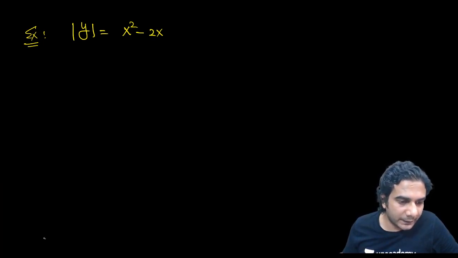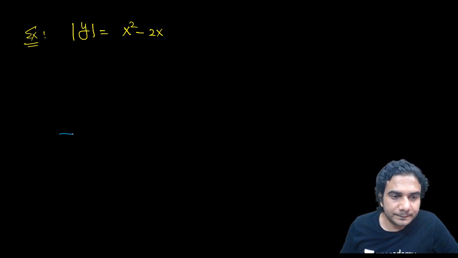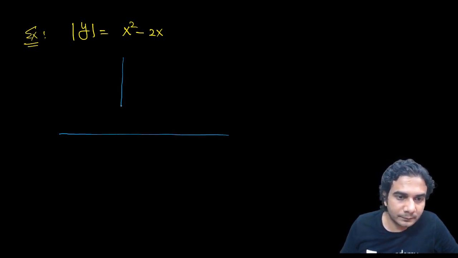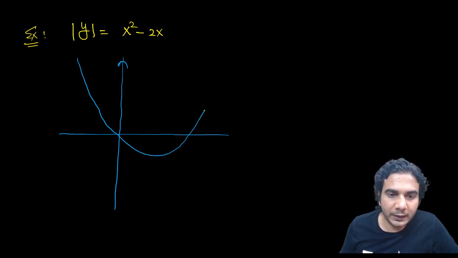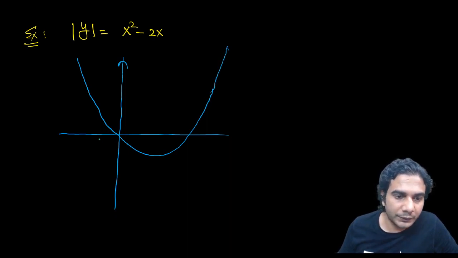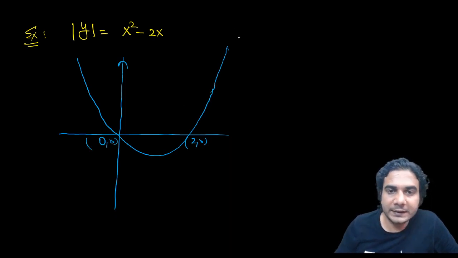What will be the base graph in this case? First we'll plot the graph of y is equal to x square minus 2x, just removing the mod. It will cut the x-axis at 0 and 2. This is the graph of y is equal to x square minus 2x.